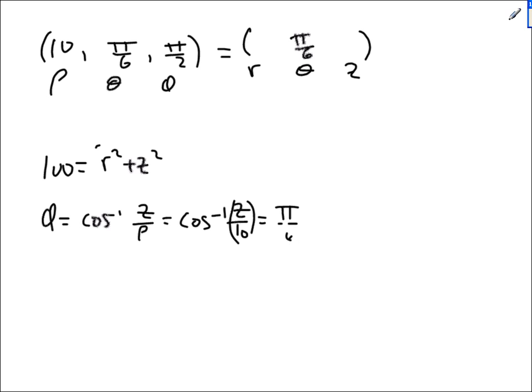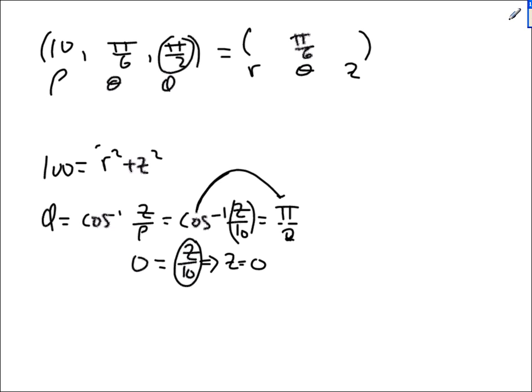They tell me it's pi over 2. Because they said phi is pi over 2. So the cosine of pi over 2, which is 0, must equal z over 10. But that implies z is 0. If a fraction is 0, the numerator is 0.